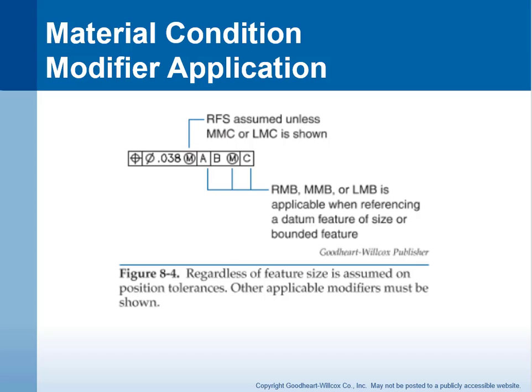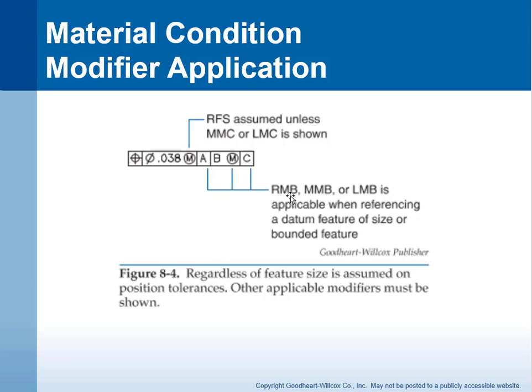Let's talk about the material condition modifier. In Rule 2 of GD&T, we said the RFS modifier is assumed unless the MMC or LMC modifiers are shown. So in this case, we have an MMC modifier shown, so therefore the MMC modifier is in effect.